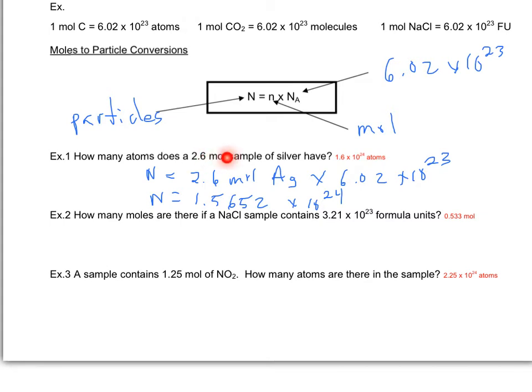The number in the question, 2.6, only has 2 sig-digs, whereas the value for Avogadro's number I used has 3. That means I can only include 2 sig-digs in my answer, so I have to round this to 1.6 times 10 to the 24 atoms. Here's my final answer.